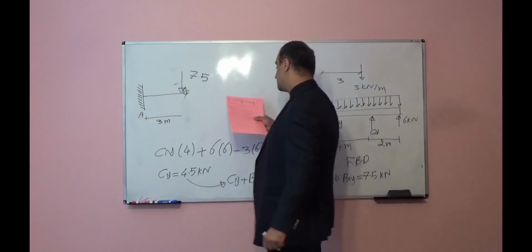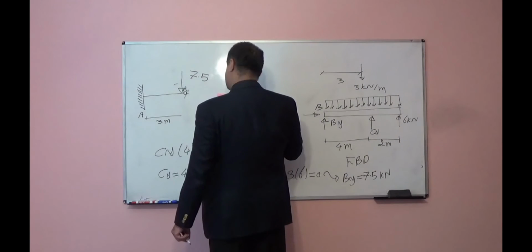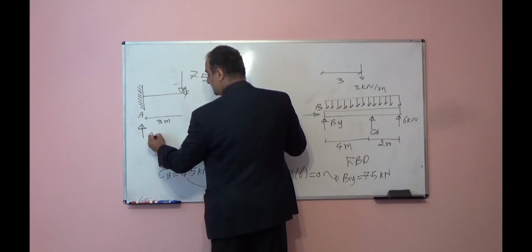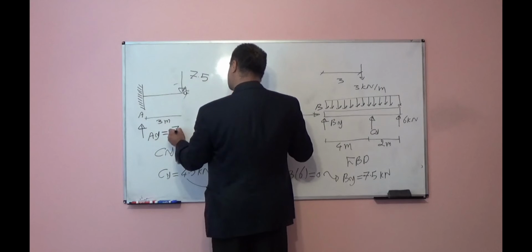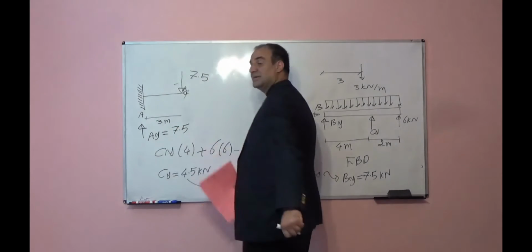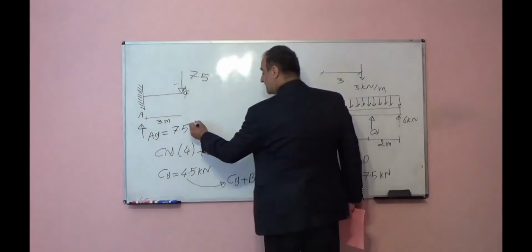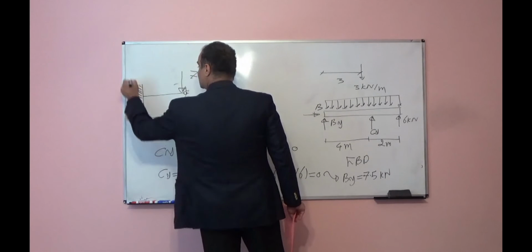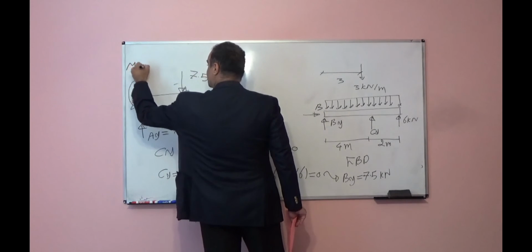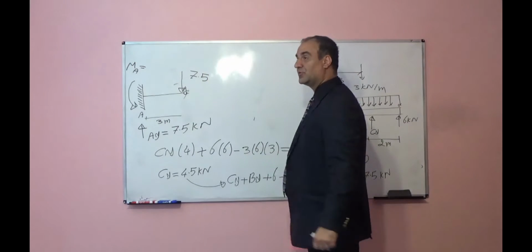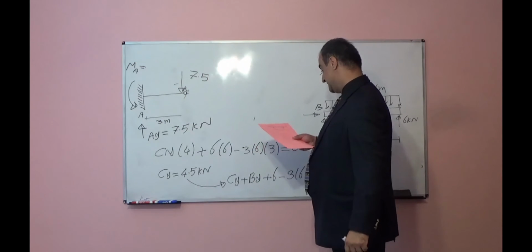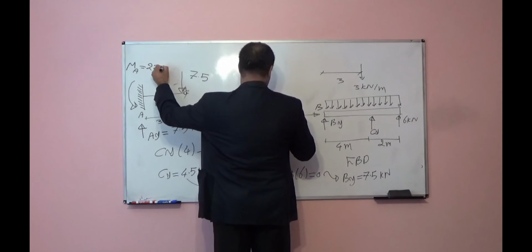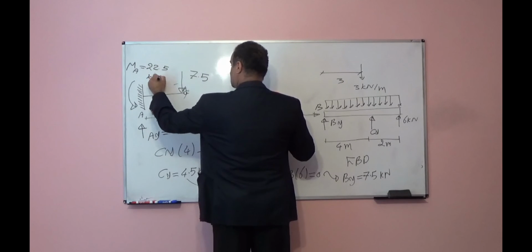I will plug By downward, so in this part Ay, if I write summation of force in vertical direction, will be 7.5 kilonewton upward. If I take moment with respect to point A, I can find MA. MA will be 7.5 times 3, that will be 22.5 kilonewton meter.